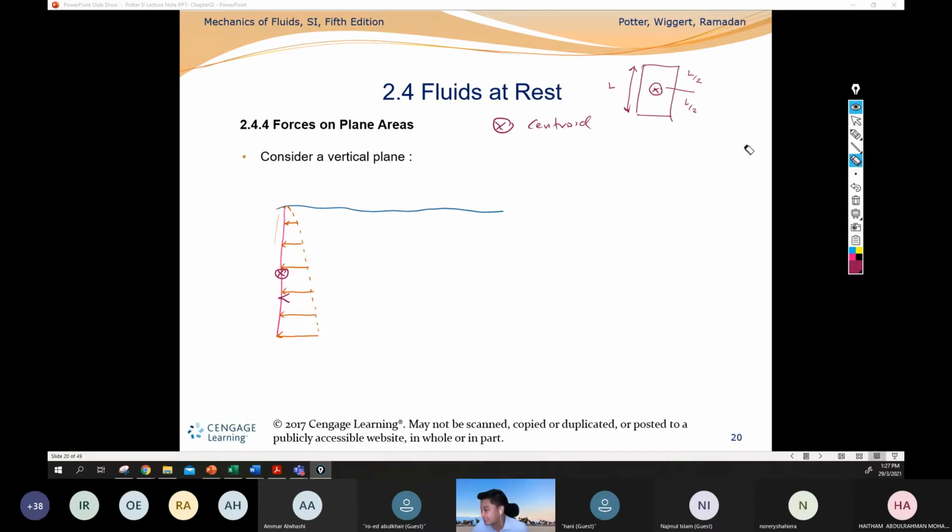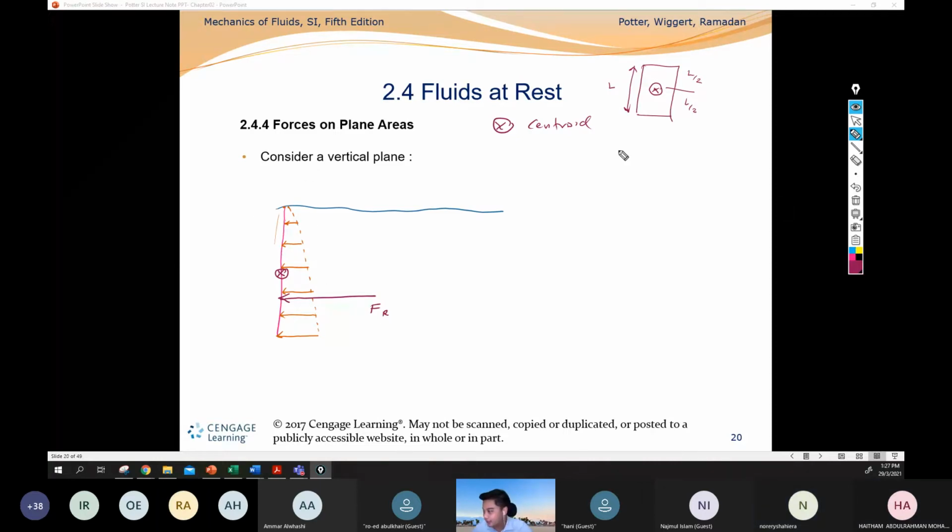So this is actually the resultant force. We call it FR. All right, everyone, do you get it? Do you understand? So far, everyone, are you there? Yes, understand. Okay, so this is the resultant force.